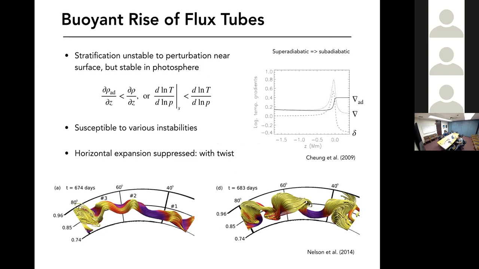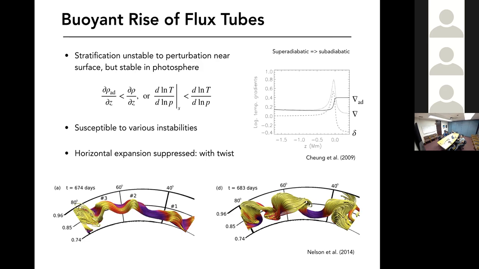So we talked about how these flux tubes get squished as they emerge. But it is possible that in some conditions, these kinds of perturbations will be stable, so there might be some restoring force to stop the flux tube from emerging.